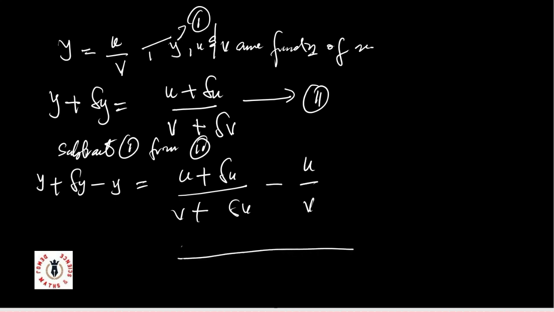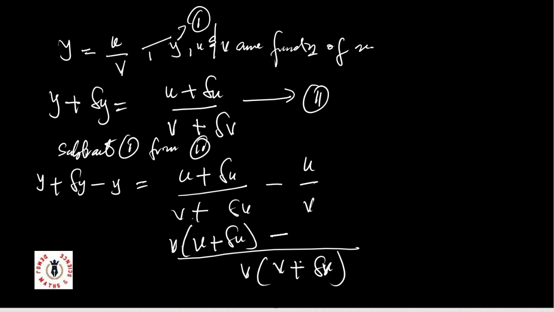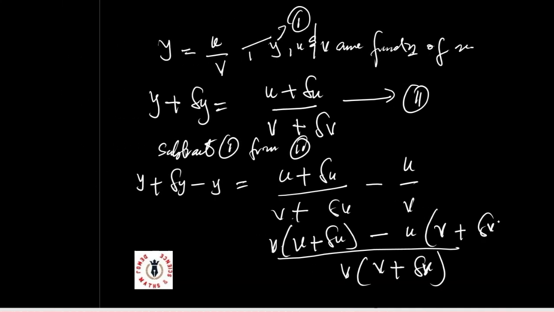Now I can write this taking an LCM. This will become v into v plus change in v. So that v plus change in v, I'll be left with v. Then the numerator becomes v into u plus change in u minus u into v plus change in v.